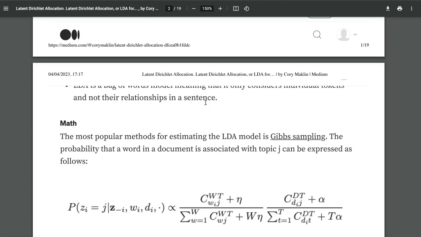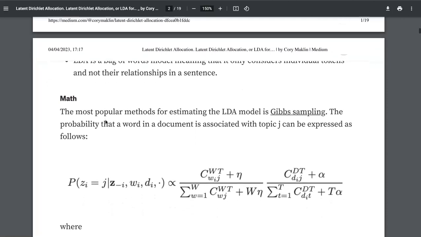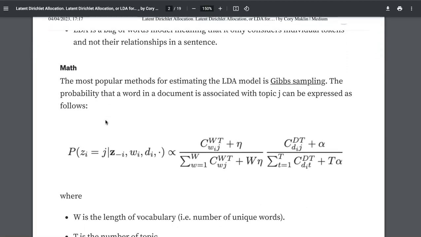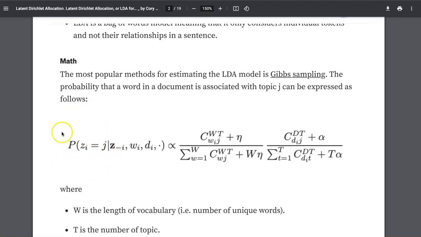For that, Gibbs sampling comes into play. You need to estimate the model's probability. Given a word in a document, what is the probability it belongs to topic class j? The only assumption is that you know the topic class for all the other words.